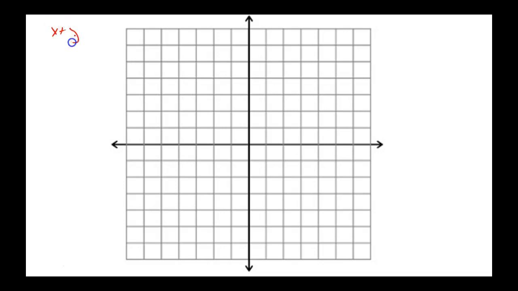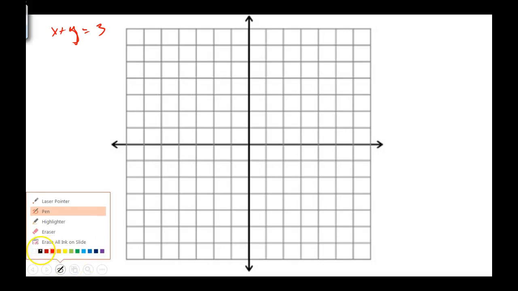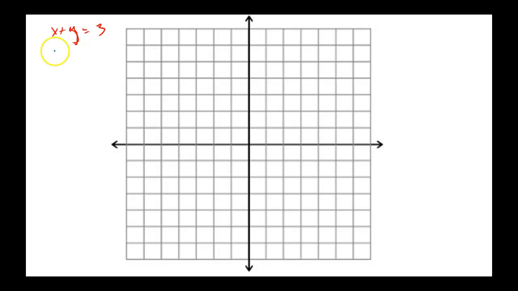X plus y is equal to 3, and x minus y is equal to -1. What color you want the next one in? Blue, okay. Dark blue. The second one will be x minus y is equal to -1. Okay. Now, it says solve and graph.